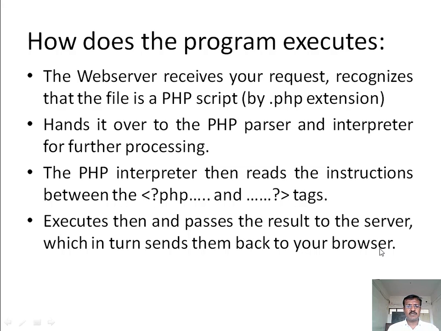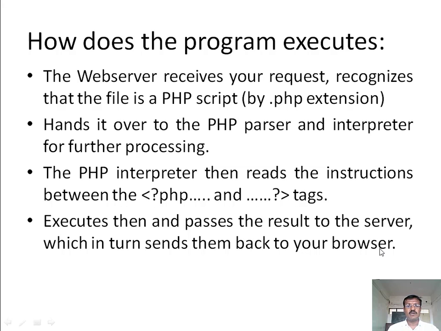So let us know how the program executes. Now we need to know how that program gets executed. In this case the transaction takes place between a client and a server. The client is your web browser, and the server is your Apache or XAMPP server. This transaction takes place over a protocol called HTTP.